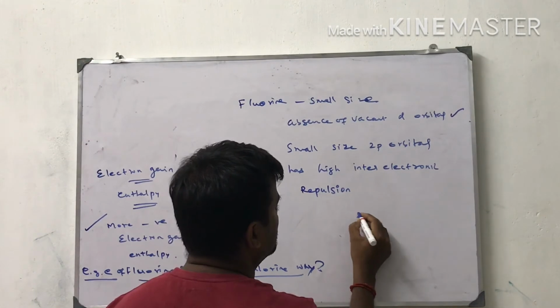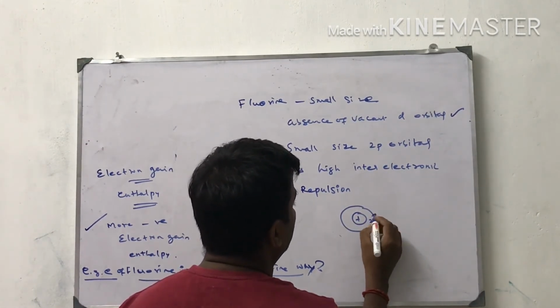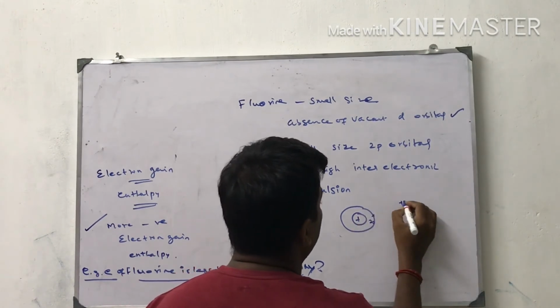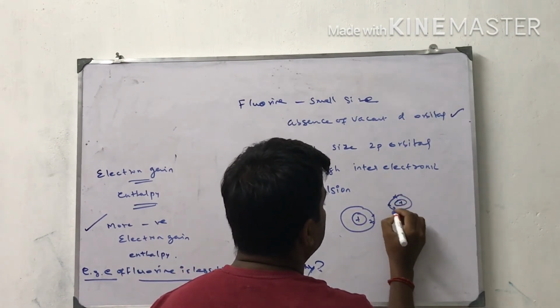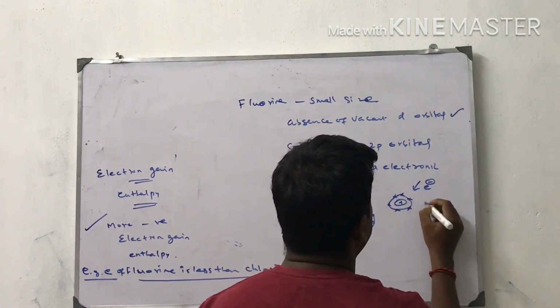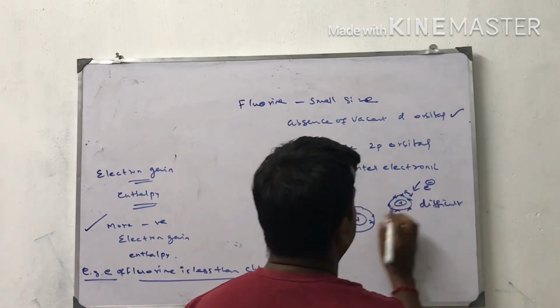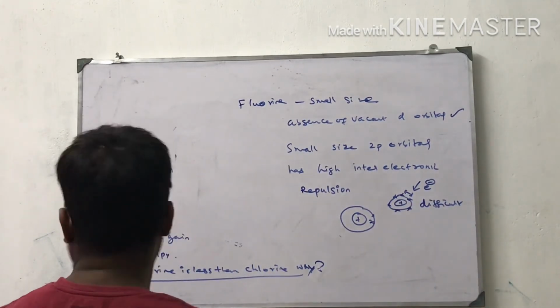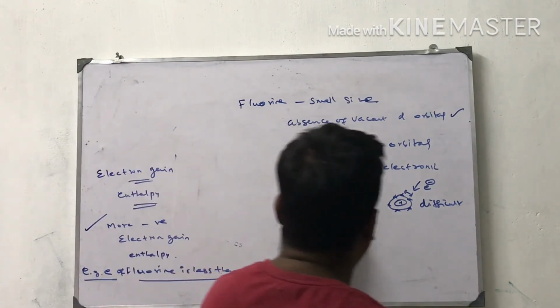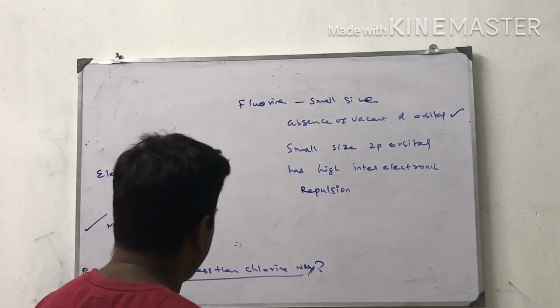Interelectronic repulsion. Suppose this is fluorine, this is the 2s orbital, 2 electrons are there. The 2p orbital is smaller. In this state 7 electrons are there. So adding one more electron is difficult. That is why the interelectronic repulsion is maximum. But chlorine has vacant d orbitals. Chlorine is bigger in size than fluorine.